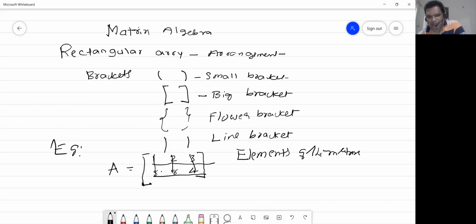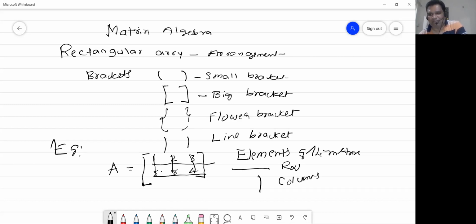Horizontal lines are known as rows; this horizontal arrangement is called a row. And vertical lines are called columns. So here the numbers are arranged in terms of rows and columns. How do we define the size of the matrix?